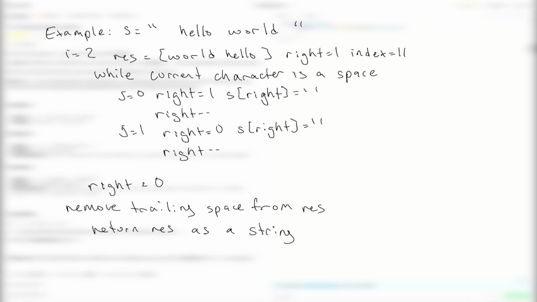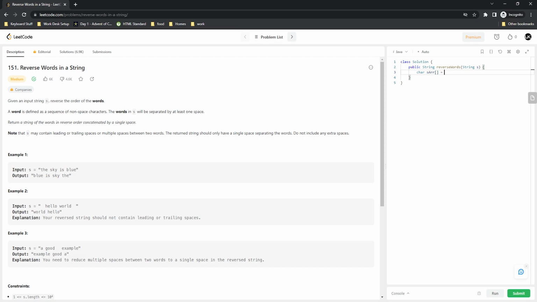So like I said, all of the examples are pretty long, so I just chose the best one. So let's hop into LeetCode and take a look at how we can code this out in Java. We start with a char sArray equal to s.toCharArray. Then char res array is equal to new char array of sArray.length plus 1. And int rightIndex will be equal to sArray.length minus 1, int index is equal to 0. Then while rightIndex is greater than or equal to 0 and sArray of rightIndex is equal to space, rightIndex minus minus.